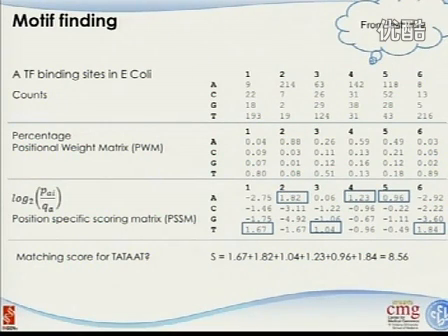We also talked about how we can transfer this to something called position-specific scoring matrices, which is just another way of calculating things. Once we get a new sequence, like a 6-base pair one, based on this position weight matrix, we just check the numbers inside and add them together, and that gives you a calculation for the matching scores.